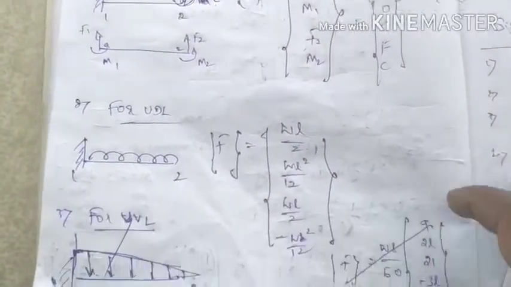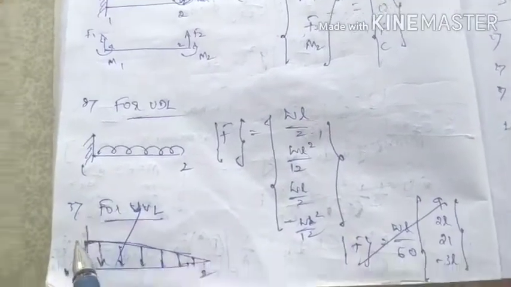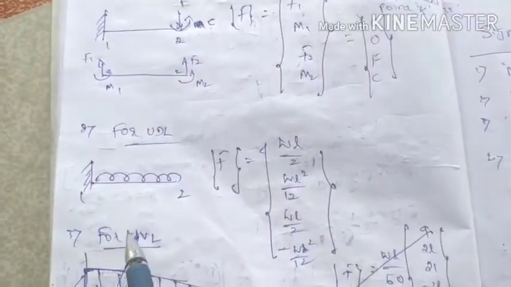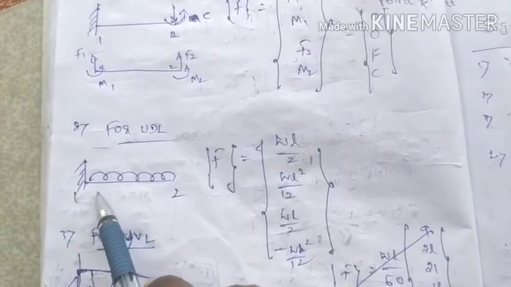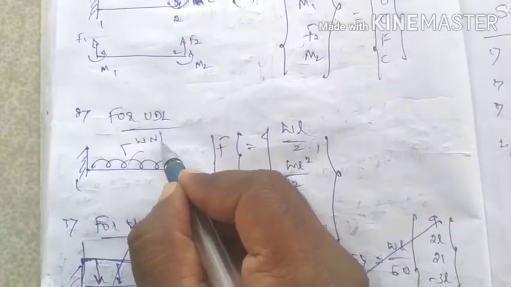Similarly, when subjected to UDL, that is uniformly distributed load, what is the nodal force vector? Suppose the same cantilever beam is taken, subjected to a UDL of W newton per meter or kilonewton per meter.